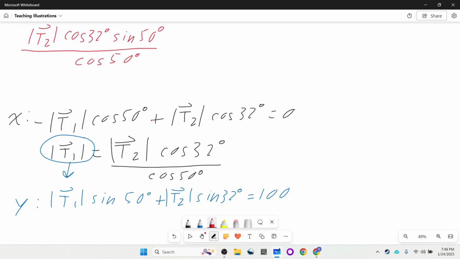Yeah, that's right. Plus length of t2 sine of 32 degrees equals 100.